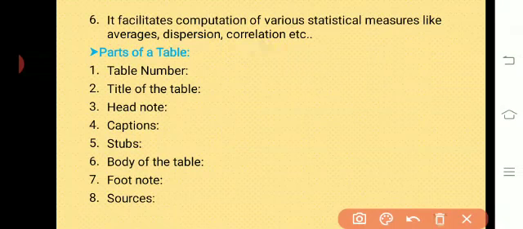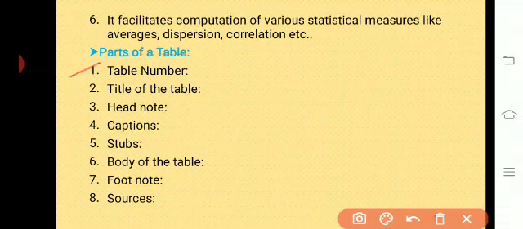The next concept we have to study here is parts of a table. The first part of a table is table number. A number should be given to each and every table in order to distinguish and also for easy reference.